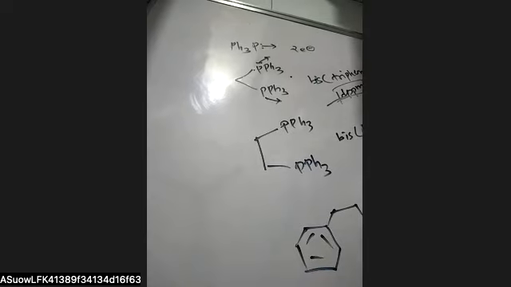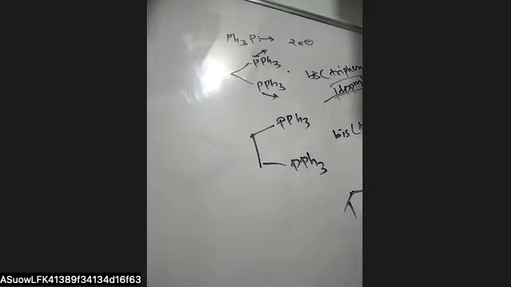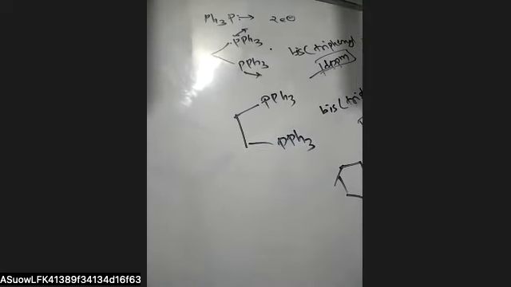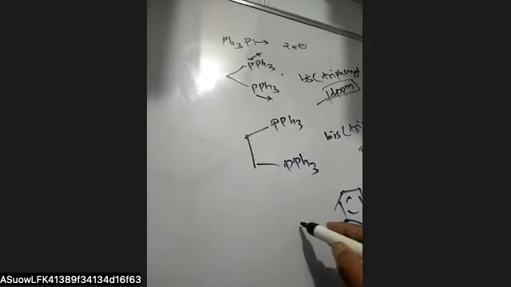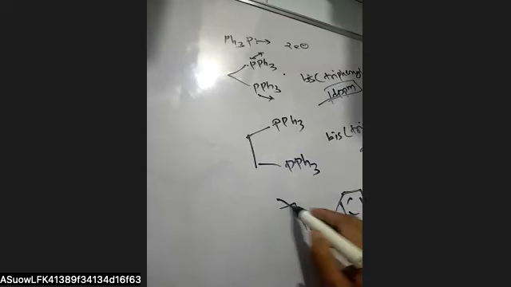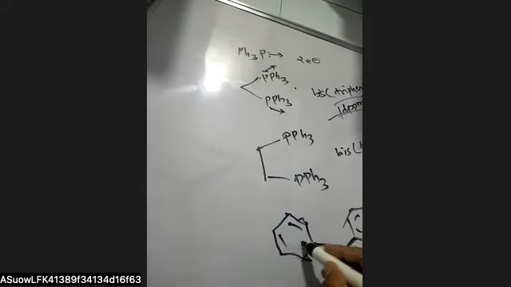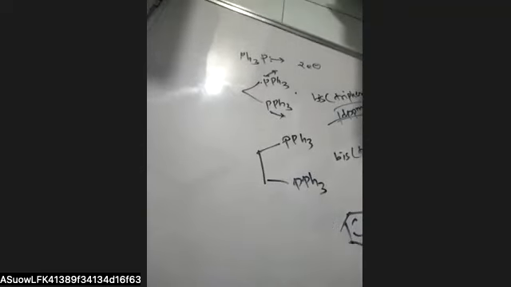Here we have a phenyl group which has PPh2, and the R-BINAP or S-BINAP have a structure somewhat like this.